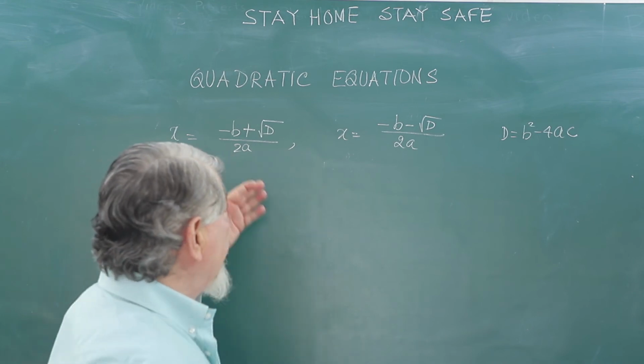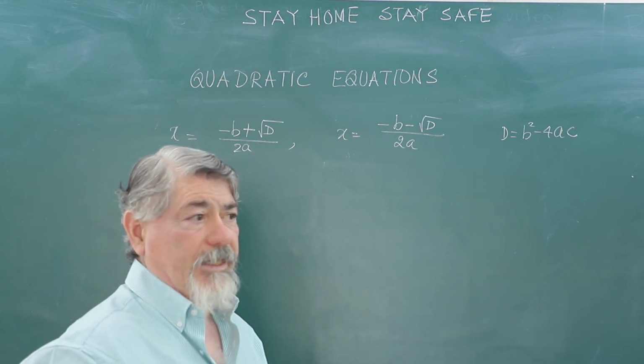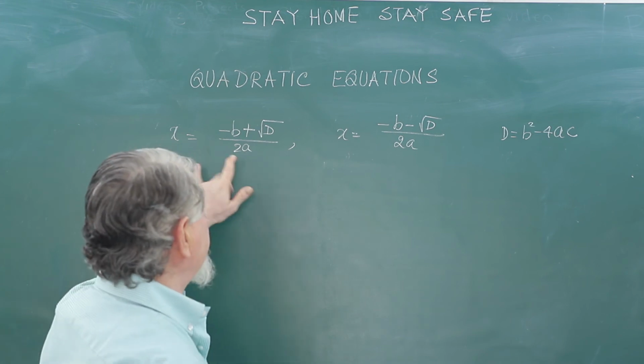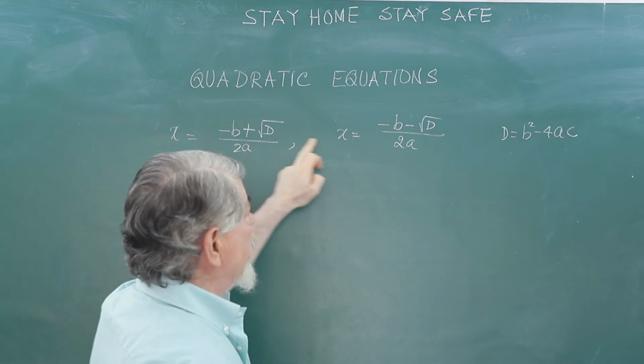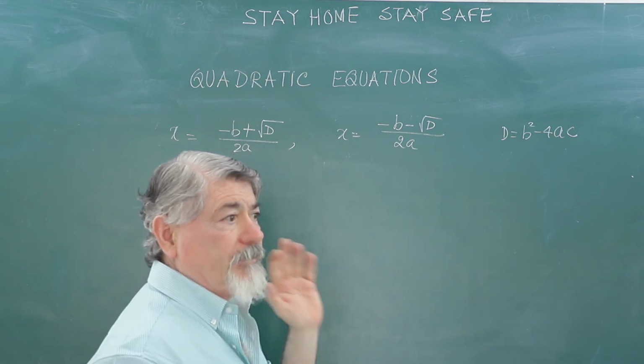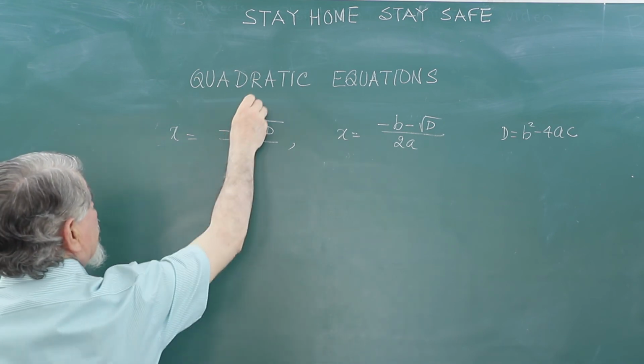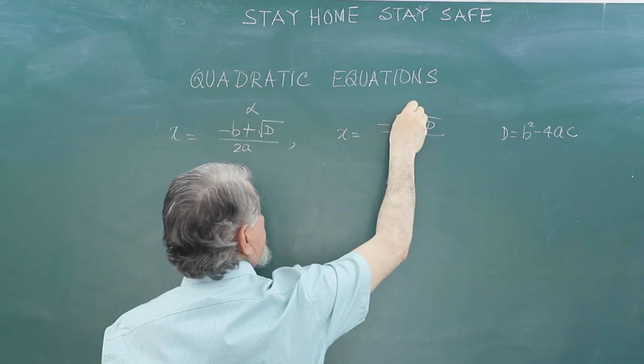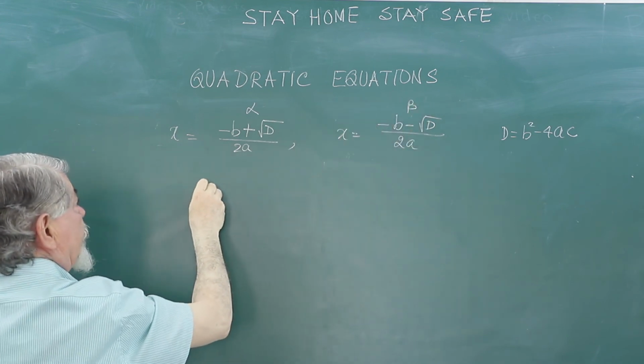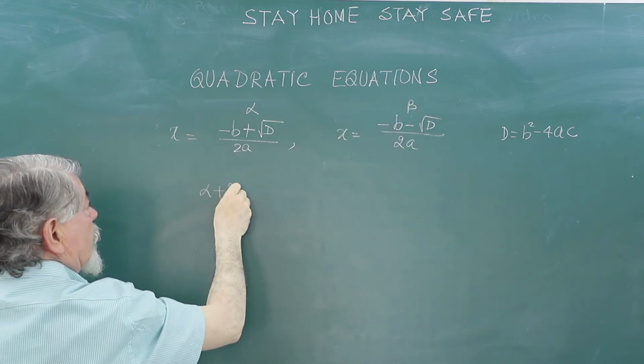Now if I add these two roots, like we had calculated alpha and beta, this is x is equal to alpha, x is equal to beta. Let me find out the sum of the two roots.